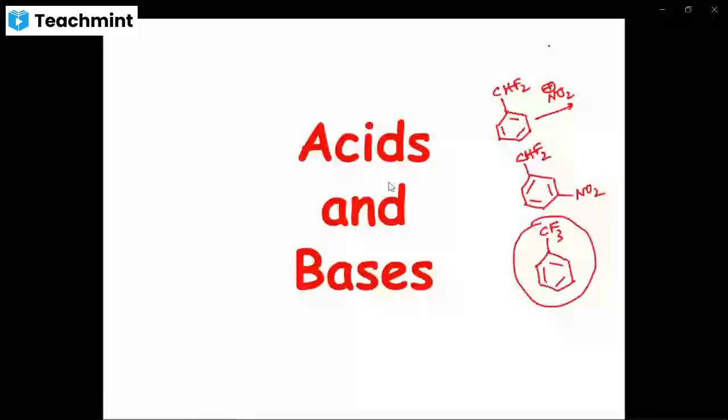This is very simple. Meta, right? There is no doubt that in this particular case, electrophilic substitution will take place at the meta position. But what about this one, when one of the fluorines is substituted by hydrogen? Can you tell?